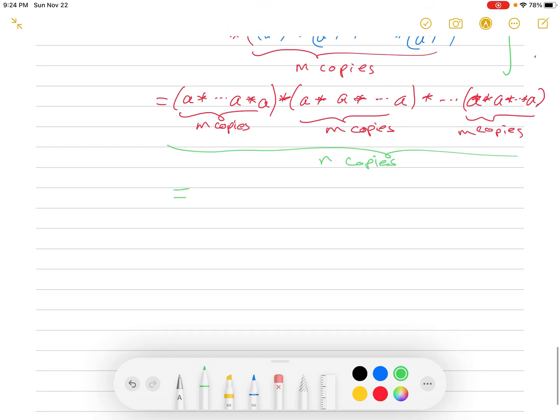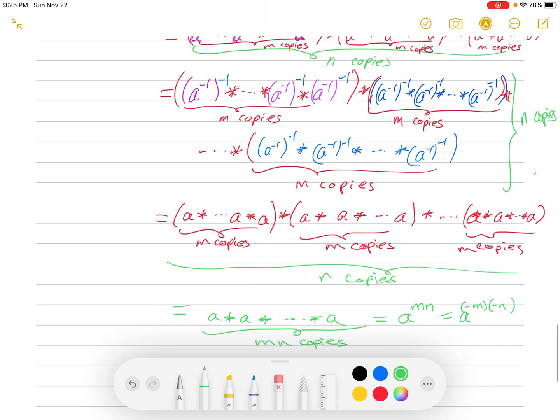Well, that's just the same thing as A star, A star, A a bunch of times, m times n copies. But what's that? That's A to the mn, or you could say A to the minus m times minus n, because mn is the same thing as negative m times negative n.